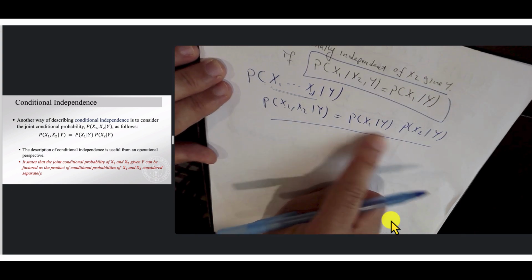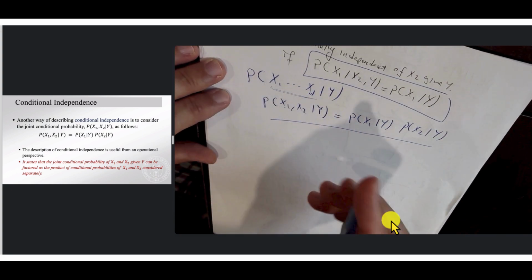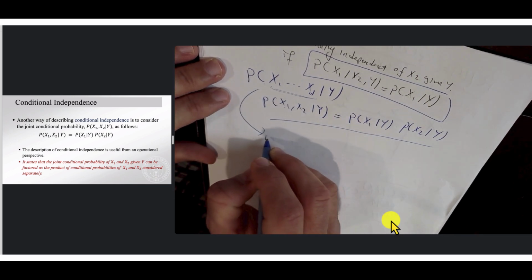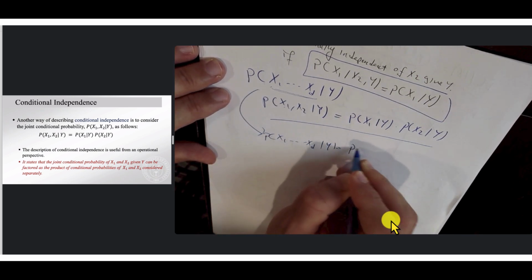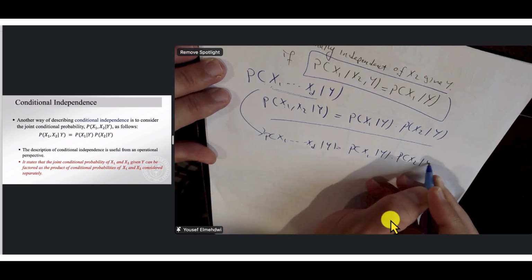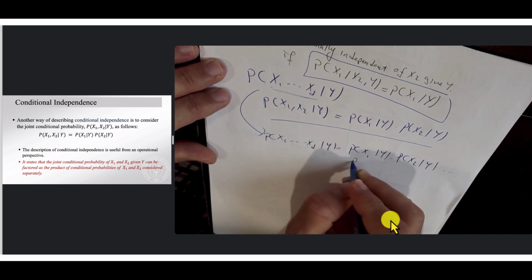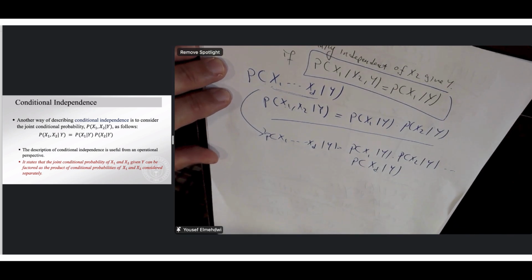If I manage to use this formula, I can write the probability of x1 up to xd given y as equal to the probability of x1 given y times the probability of x2 given y, up to the probability of xd given y, which is going to simplify the process.